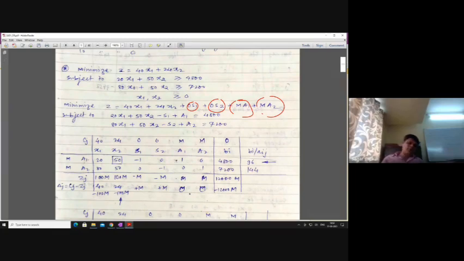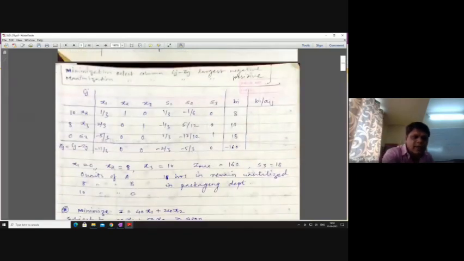Okay, so all of you agree with me. Now you have to focus on Cj minus Zj. For minimization, select the column with the largest negative Cj minus Zj.